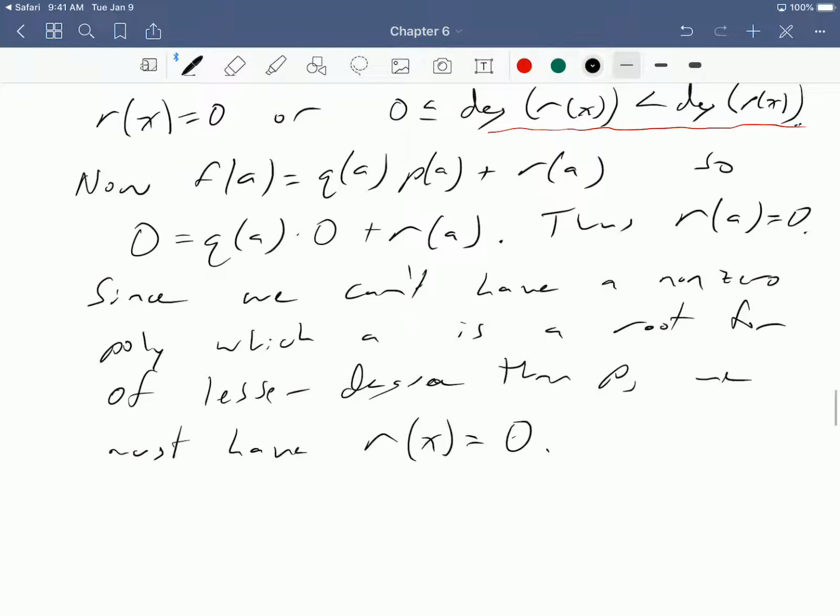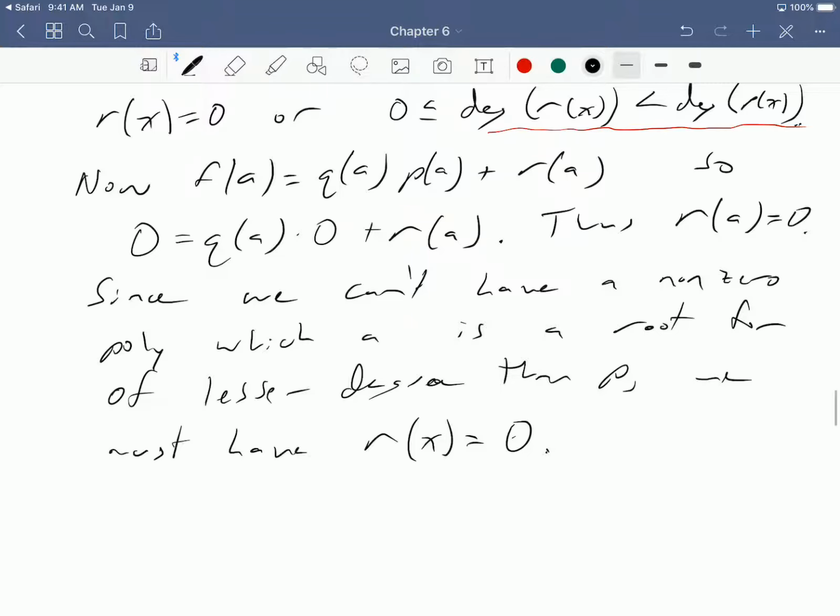So I didn't put that in the greatest way. Let me see if I can argue it again. So r of A has to be 0. That either means that r is the 0 polynomial, or it means A is a root of r. If A is a root of r, then r should be in that ideal I_F(A). But r's degree is less than p. And so that's not allowed because p had the smallest degree in that set.